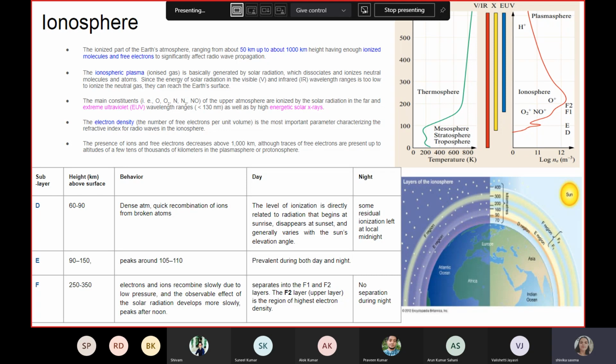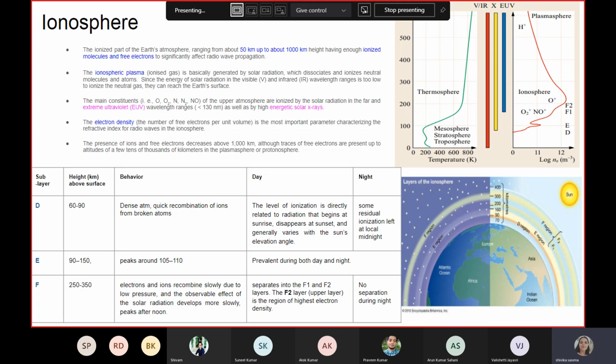Here the refractive index of the ionosphere is perceived from electron density, that is the number of free electrons per unit volume. So the larger the ionization at a particular layer, the more the electron density, and hence the denser is that medium to signal propagation. I hope you understand this. Higher ionization means a larger refractive index for radio waves in the ionosphere.